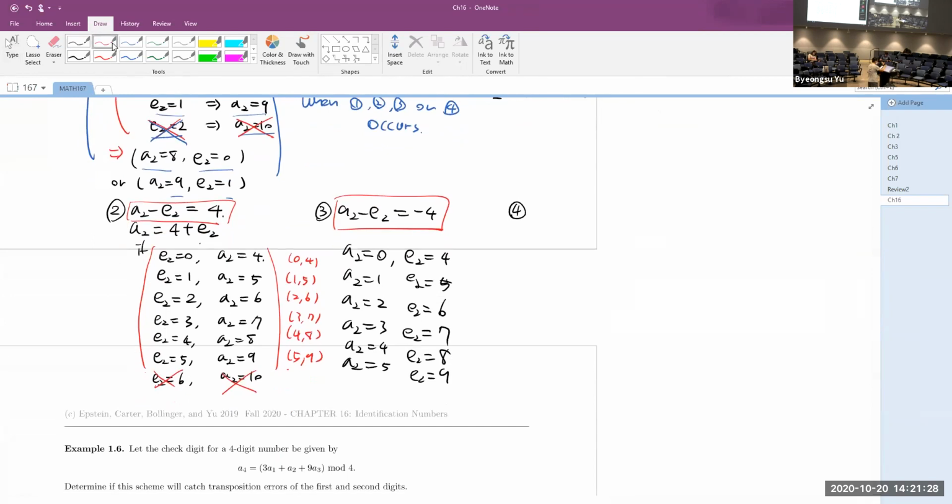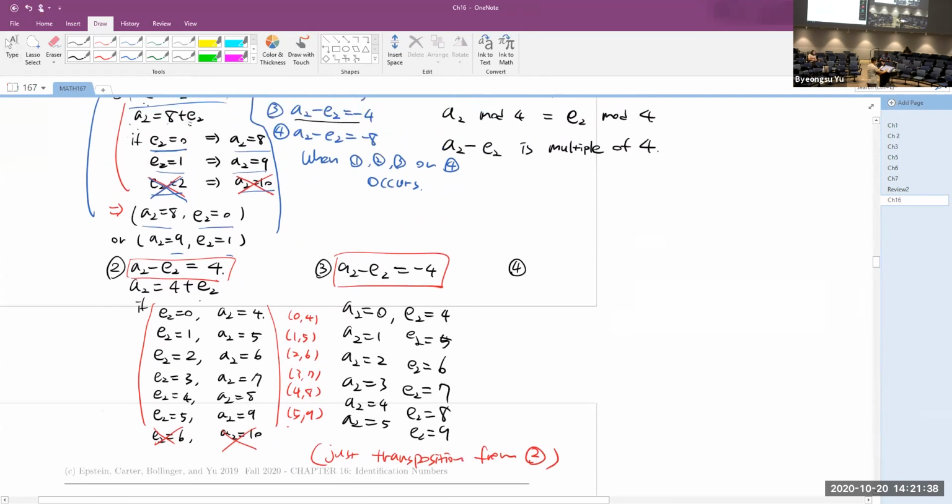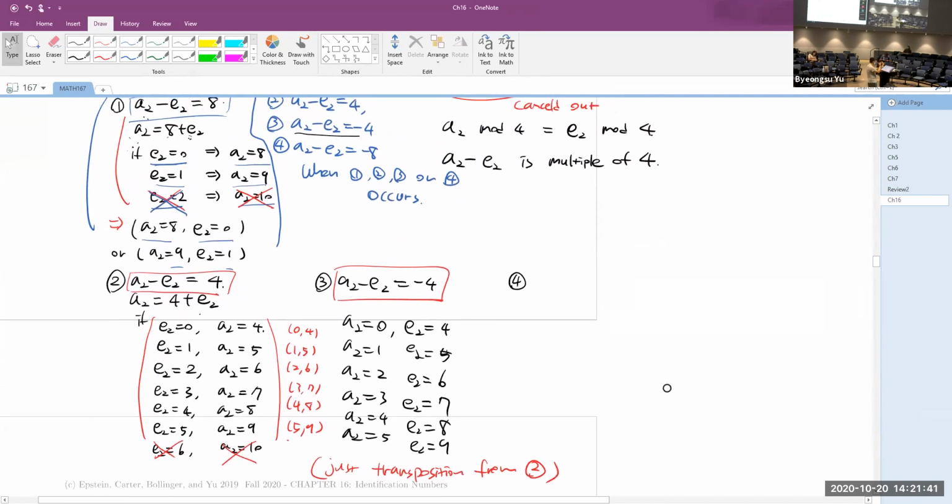What I did is just a transposition, which is nothing but swapping A2 with E2. And you can do the same thing on A2 minus E2 is equal to -8. So in this case, again, you can just transpose between them.